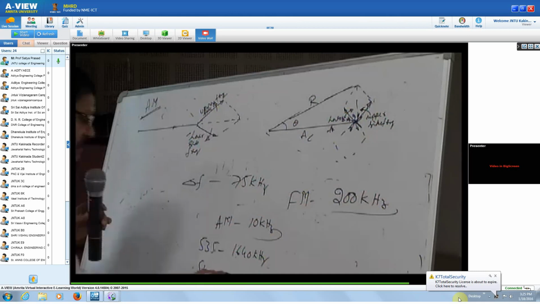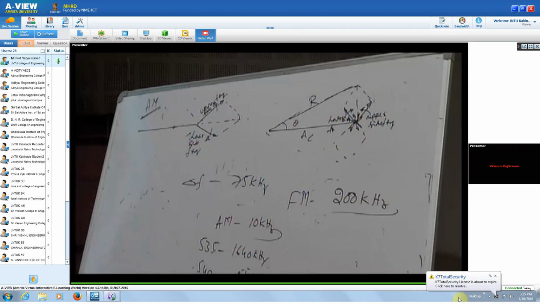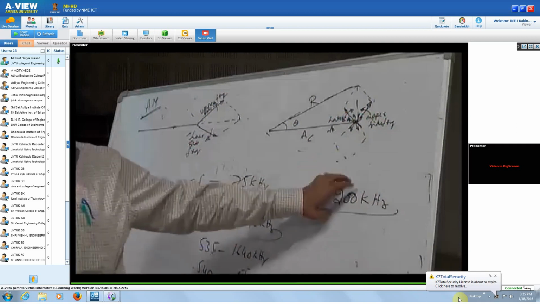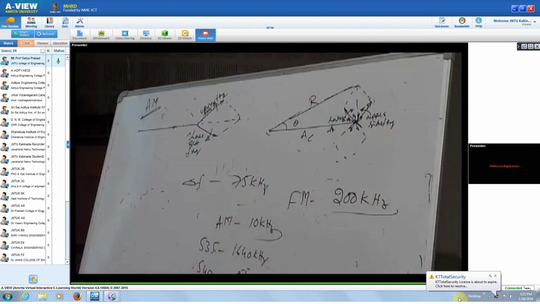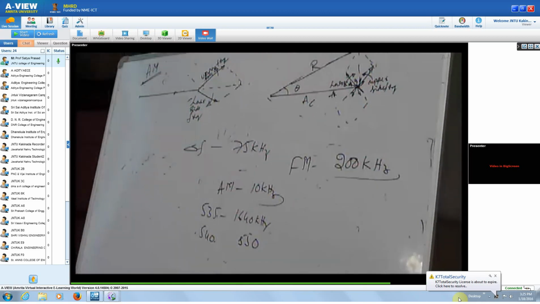That means the second station will be at 550, 560, 570 and so on. All those frequencies you can have as the carrier frequencies and have your AM signal. Whereas in the case of FM, the bandwidth of each station is going to be 200 kilohertz.